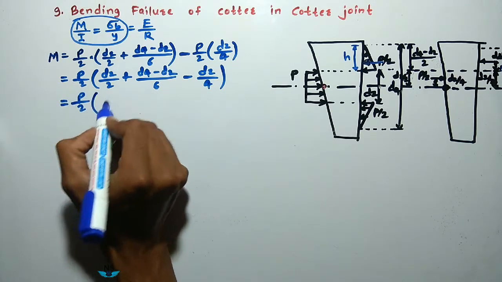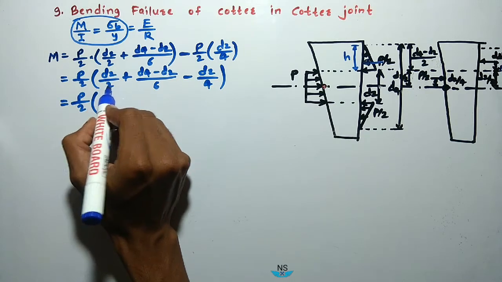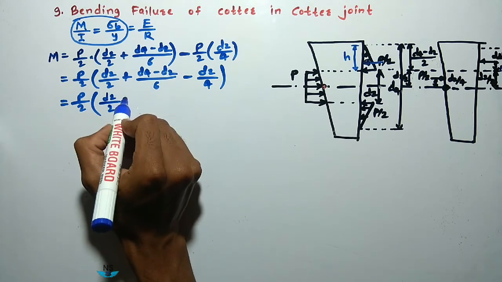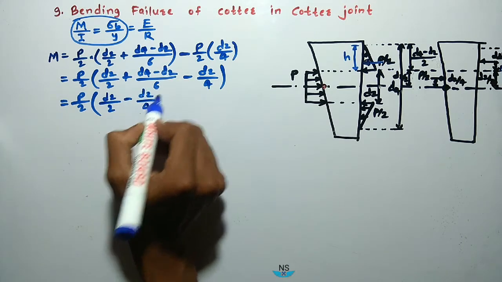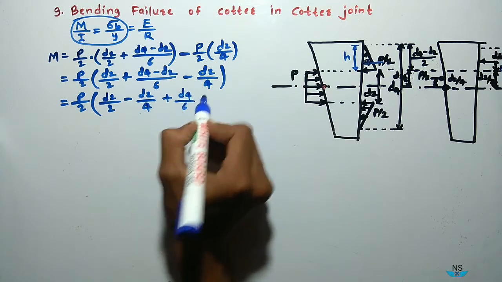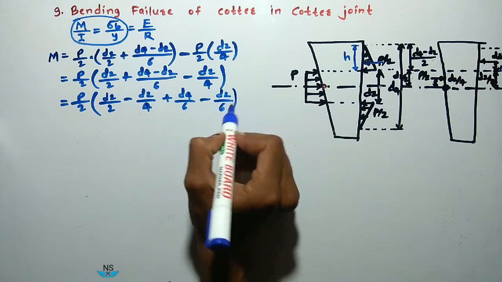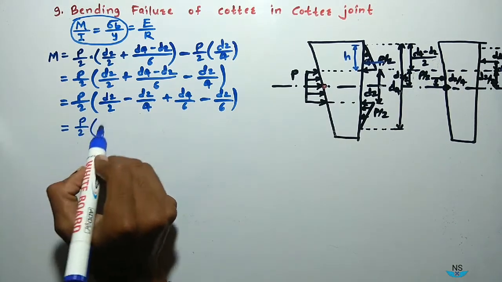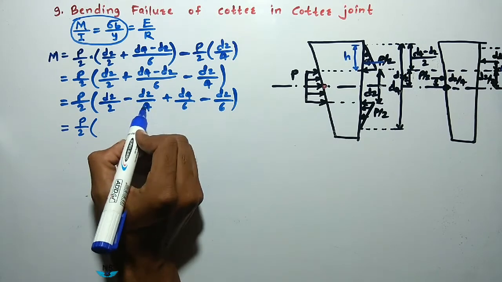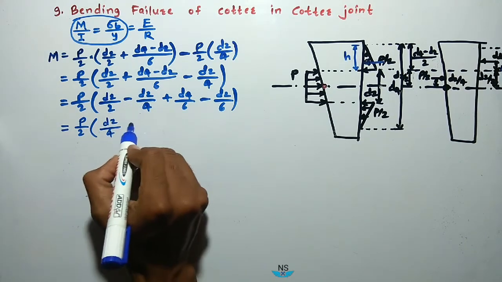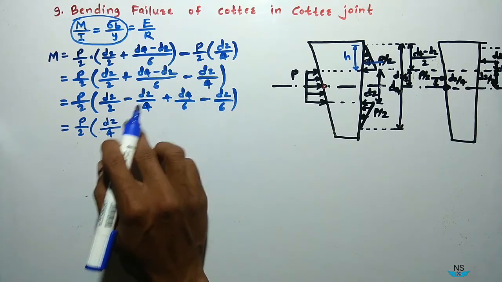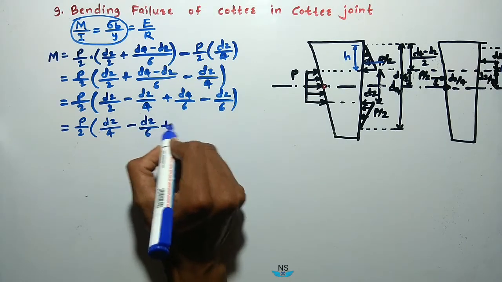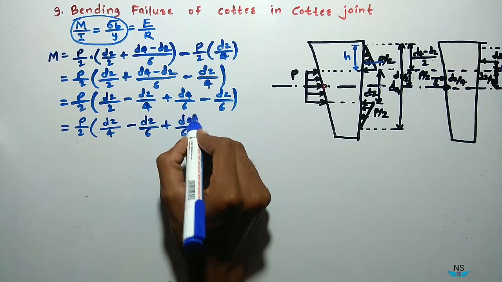So P by 2, let us simplify this. D2 by 2 minus D2 by 4 plus D4 by 6 minus D2 by 6. Let us simplify. So P by 2 into bracket: D2 by 2 minus D2 by 4 is D2 by 4, minus this D2 by 6 plus D4 by 6.